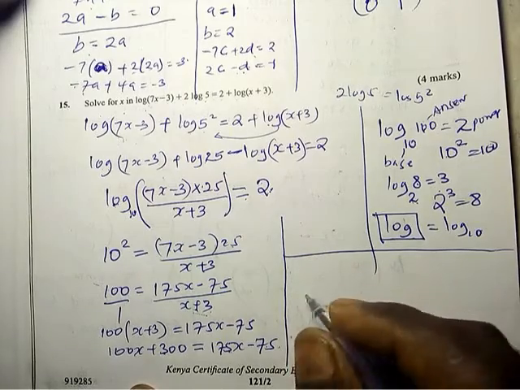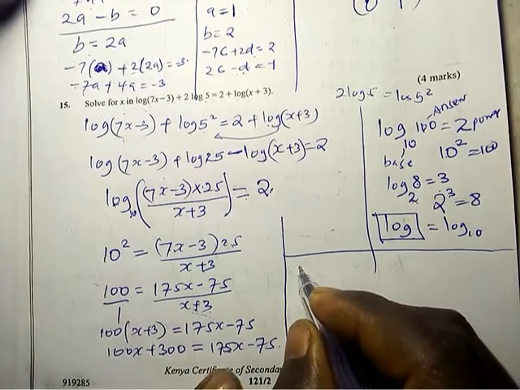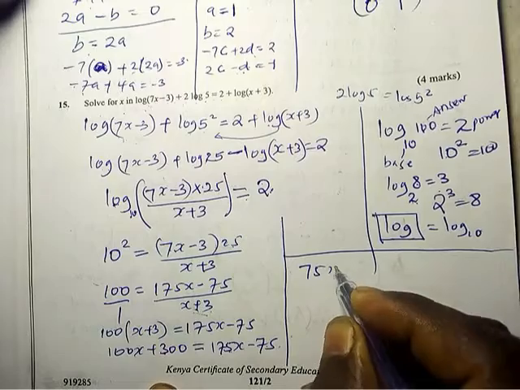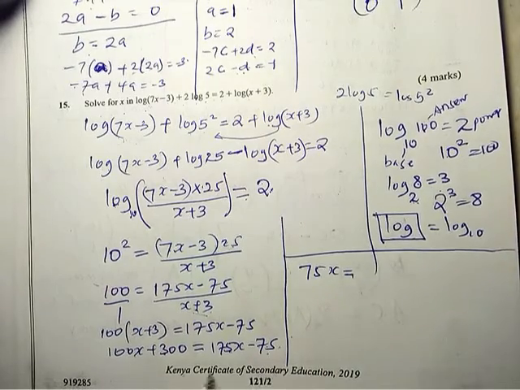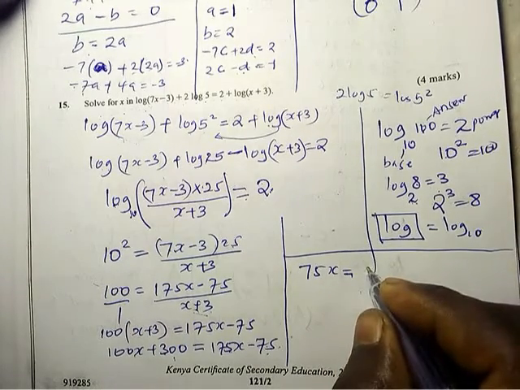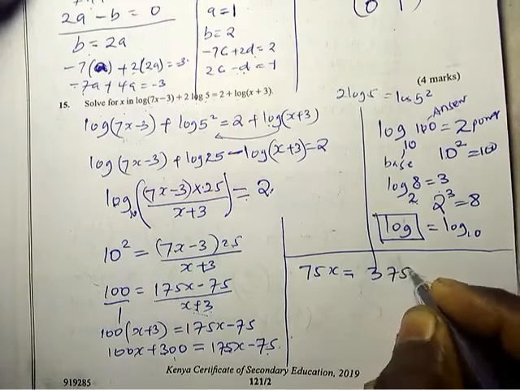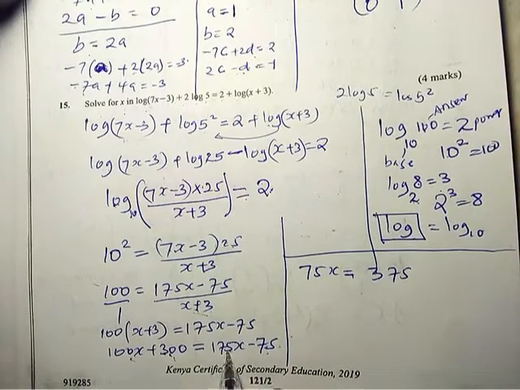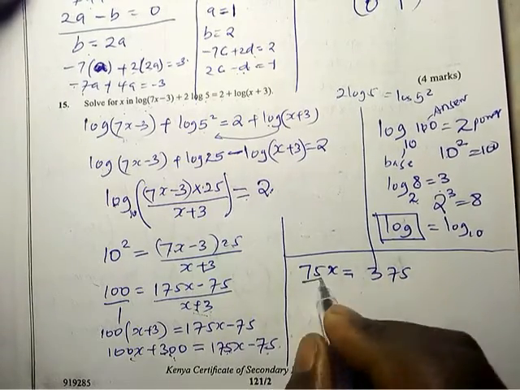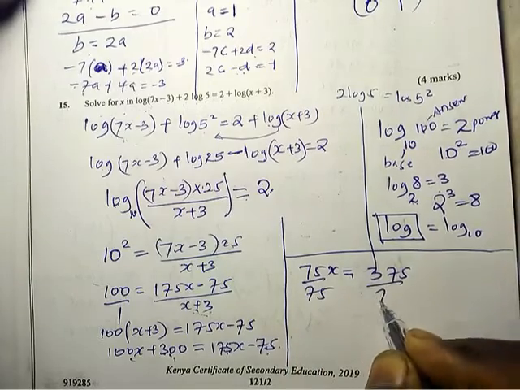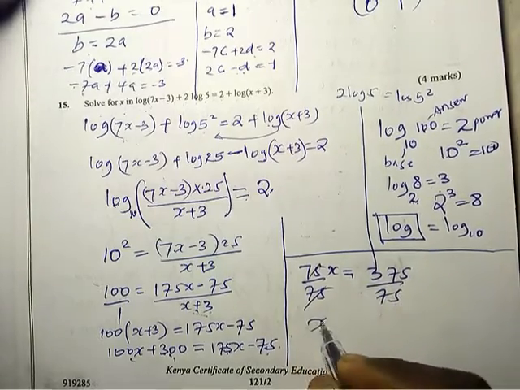So we are going to have 75x is equal to 375, because this one will add here, and this one you subtract here. So divide by 75, divide by 75. So x is equal to 5.